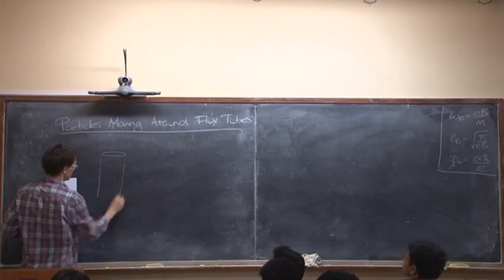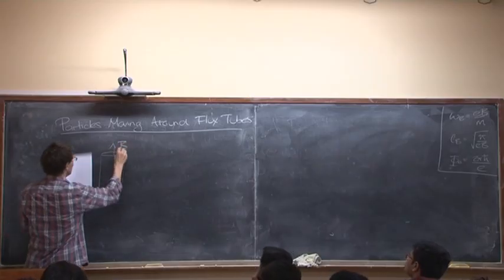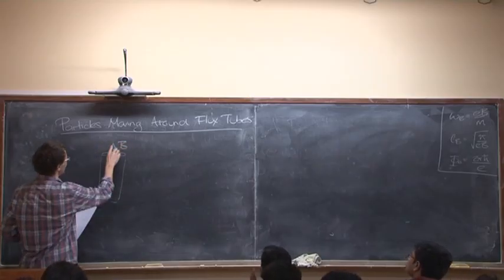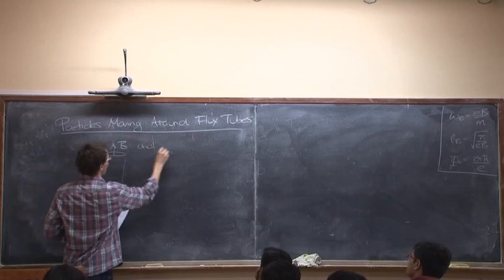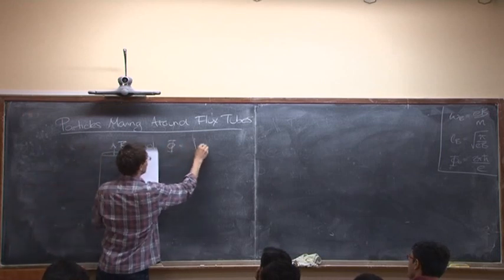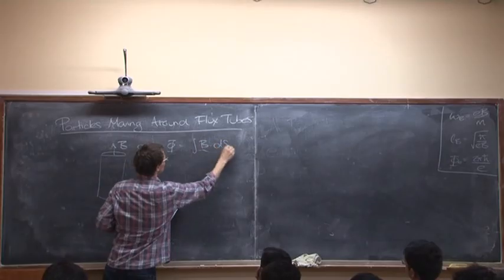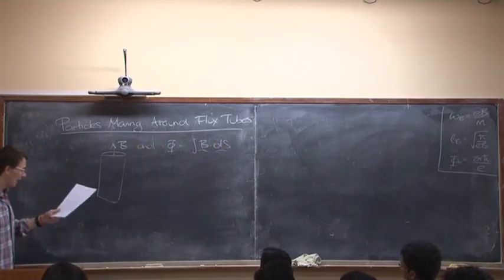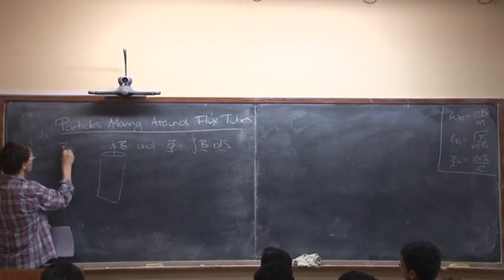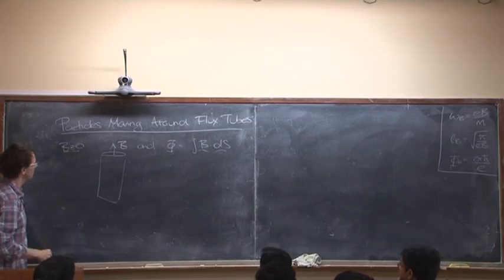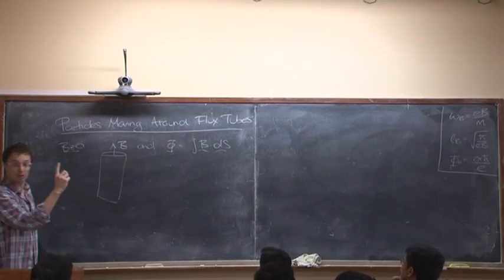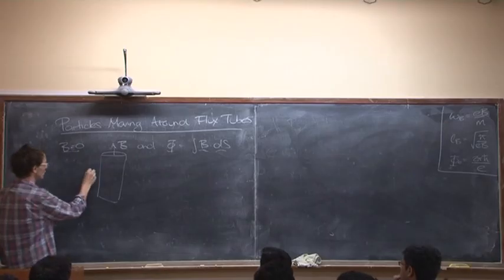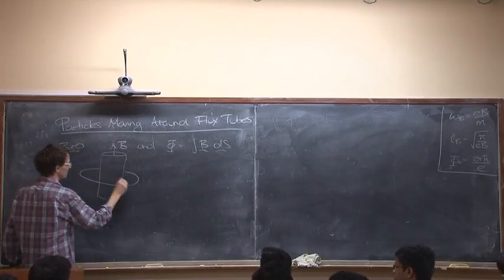We're going to take a solenoid with magnetic field B and flux Φ, and then outside the solenoid, of course, B is equal to 0. And then we're going to put a particle moving around this solenoid that's constrained to lie on a ring.